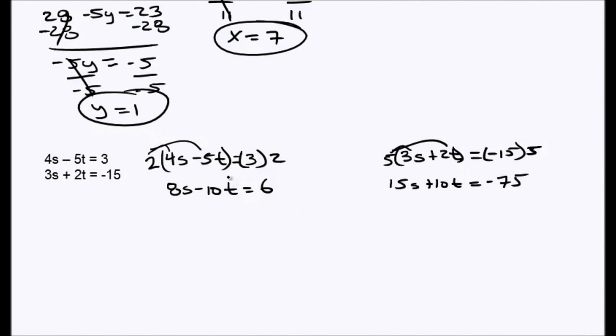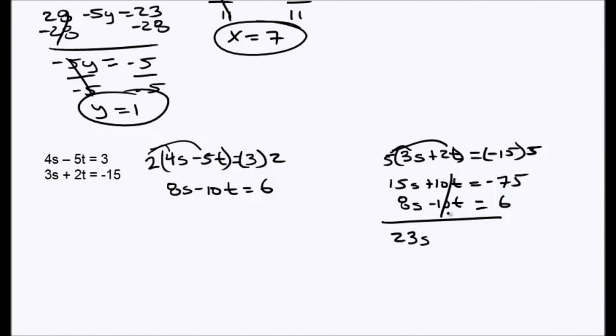Okay, now it looks like I have opposite terms right here with my t's. Now I could combine them. So I'm going to write one beneath the other. 8s minus 10t is equal to 6, and I just combine them. So 15 plus 8, that's going to be 23s. 15 and 8 is 23.